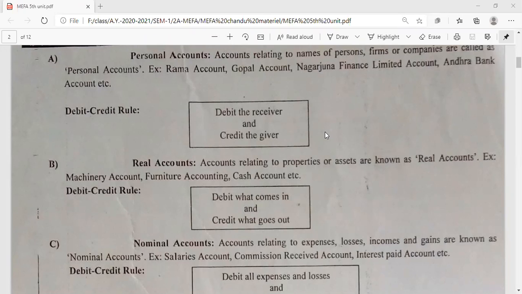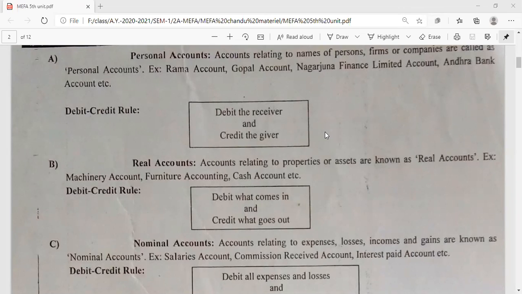So here we have a debit and credit rule in the personal accounts. That means personal accounts are in the name of the accounts. What do you mean by that? Personal account means it will be related to some particular person or some particular company, that is a finance company or some Andhra Bank account.